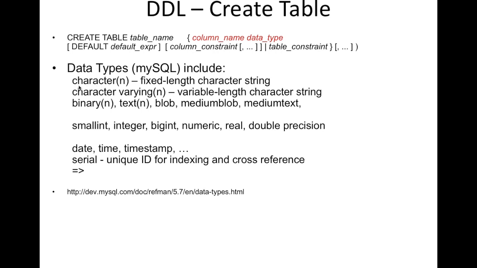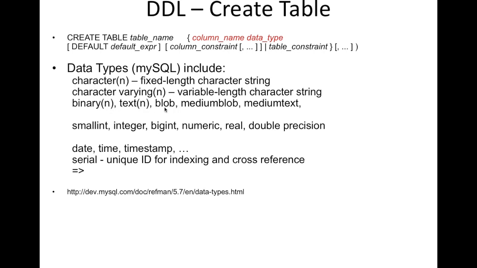But more generally, you can have character of fixed length n, that's char. You can have character varying, that's varchar, which would be a variable length character string, which means you can have n as a maximum or less. In this one, it was a fixed length character string. You can have binary of length n, text.